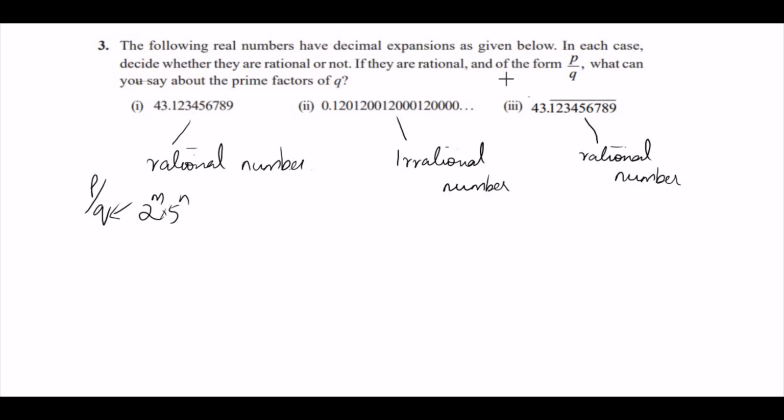So in the question it is asked, if they are rational and of the form P by Q, what can you say about the factors of Q? If it is non-terminating and repeating decimal expansion, the factors of Q will not be of the form 2 raised to m, 5 raised to n. That is, it will not be of the form 2 raised to m, 5 raised to n, where m and n are non-negative integers. Thank you.